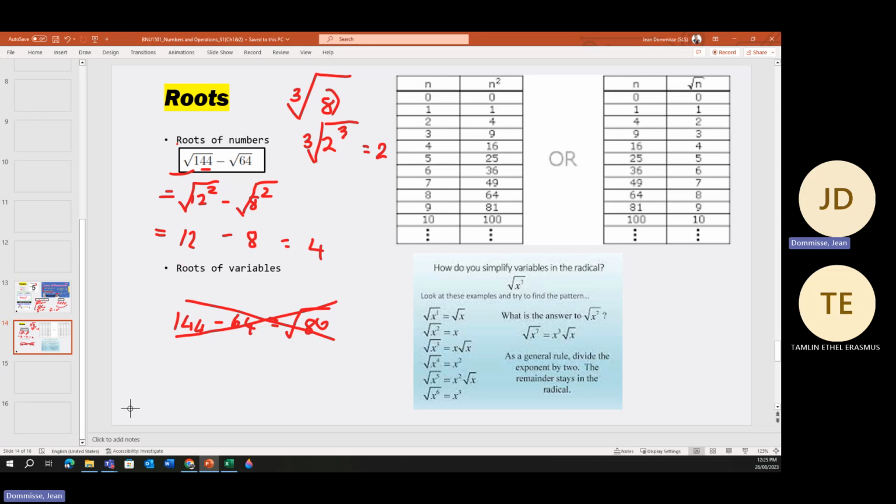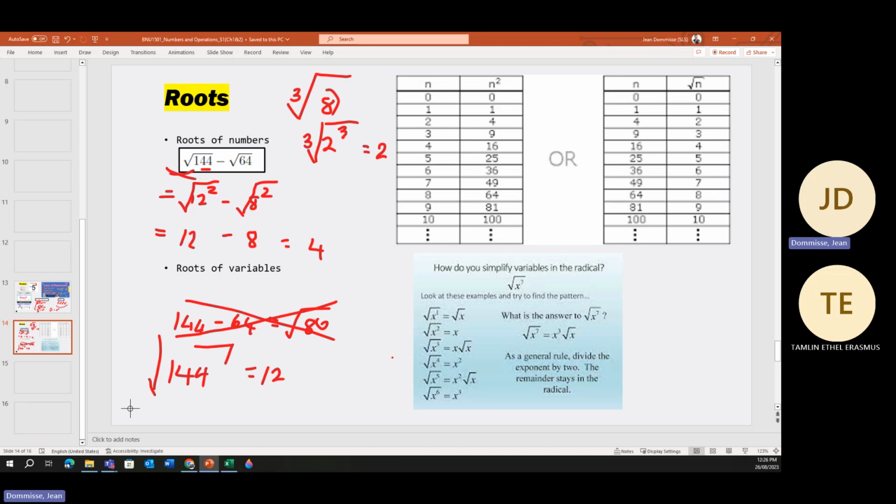You need to first work out the square root of the one, the square root of the other one, and subtract the two. Again, you are allowed to use your calculator. If you do it with your calculator, you would see that the square root of 144 is 12. Okay, so that is looking at your roots.